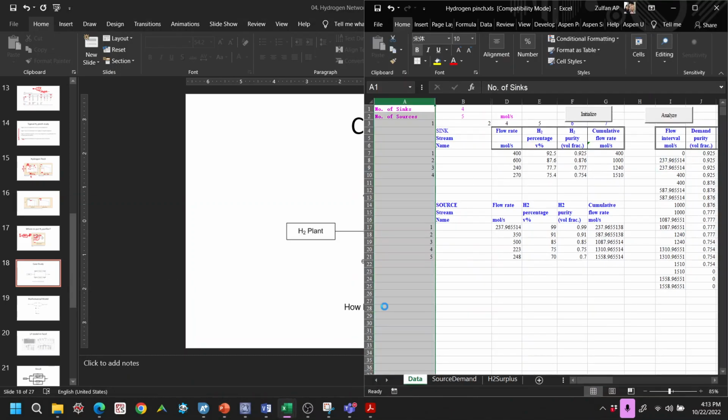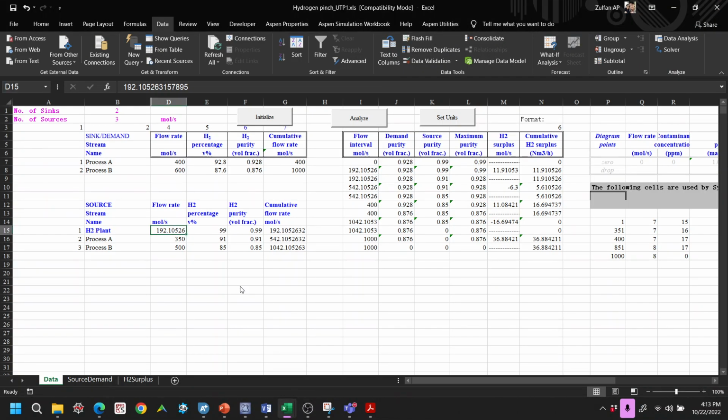I mean, close this, this is the master. How is this possible? While we need 400 and 600, we have only a hydrogen plant of 192. So we need 1000, and we supply only about 200. So where is the remaining 800 coming from?